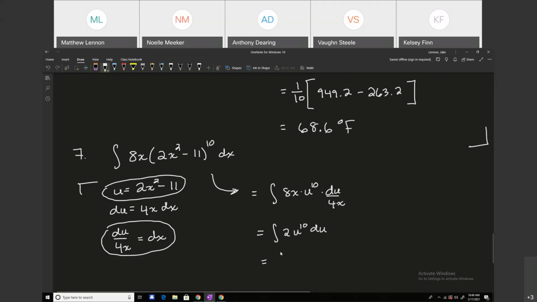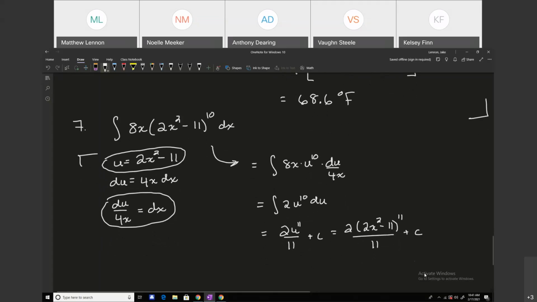And that's easy. Just add 1 to the power 11 and then divide by 11. So we get 2u to the 11th over 11 plus a constant. And then we can change that u back to an x. So 2 times 2x squared minus 11 to the 11th power over 11 plus c. And that would be the antiderivative.